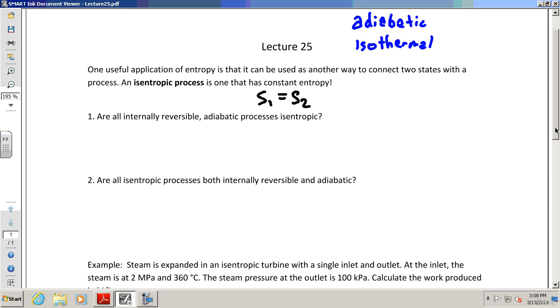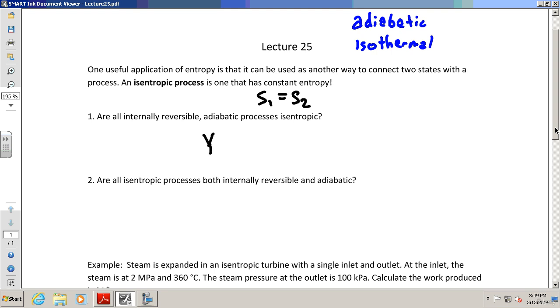Meaning, if I don't have any internal entropy generation and I don't have any heat transfer, is that isentropic? Yeah, that's it. You can have entropy because of internal generation, and you can have entropy because of heat transfer. So if you don't have either one, then that must be an isentropic process.